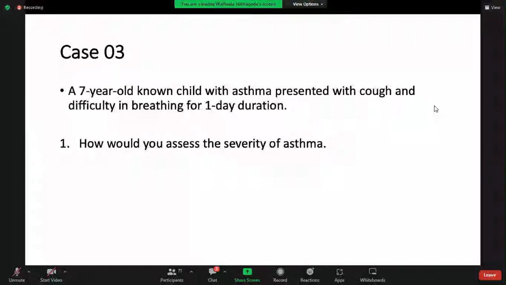Madam, we can see whether the child is tachypnoeic or breathing normally, whether the child is agitated, drowsy, or are there any signs of cyanosis. And objectively, we can use assessment of oxygen saturation, SpO2, whether it's less than 92 or above 92.